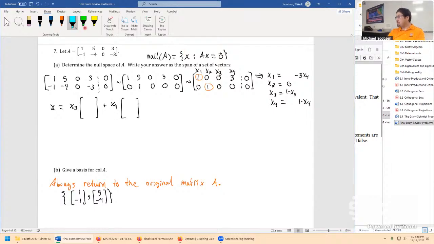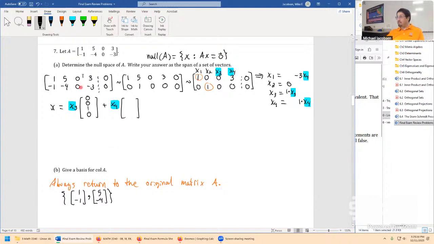So once we spotted those free variables, x3, x4, that takes us to this step. We come back here, and all we do at this stage is pull coefficients corresponding to those parameters or free variables. The x3 coefficients go 0, 0, 1, 0.